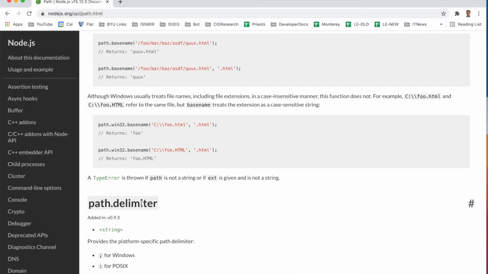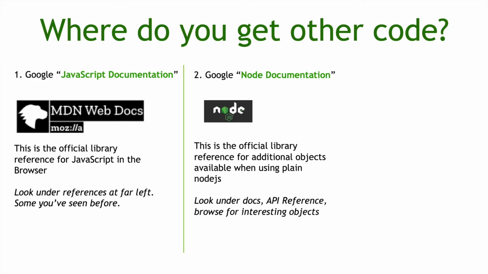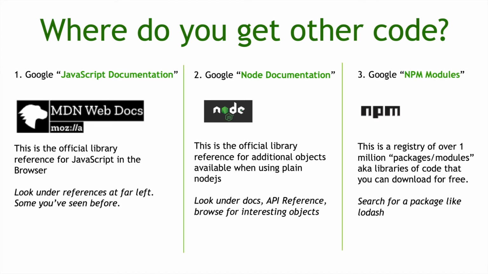Okay, so between the original JavaScript documentation and the Node documentation, we're now up to about 70 or so items that we can use in our code on a regular basis. And lastly, let's talk about the topic of the day, which is NPM and NPM modules.